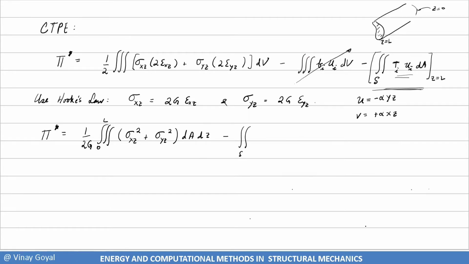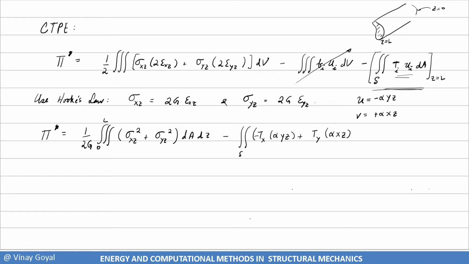And then now I have T. So now I have to do this dot product: Tx alpha yz, and that's minus, plus Ty alpha xz. And Tz does not exist.